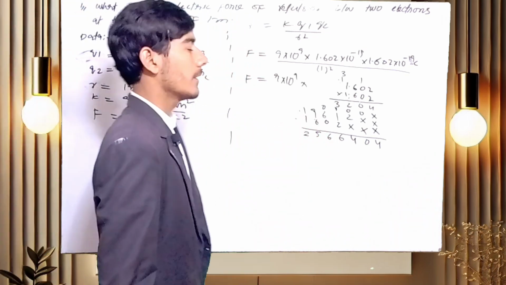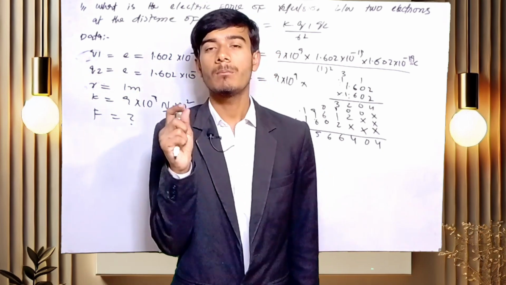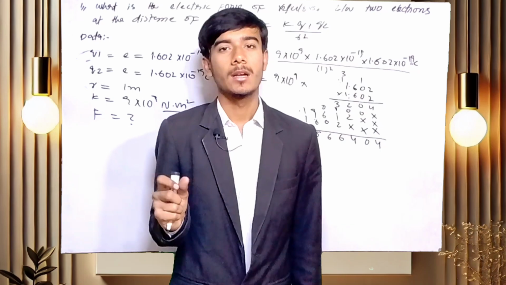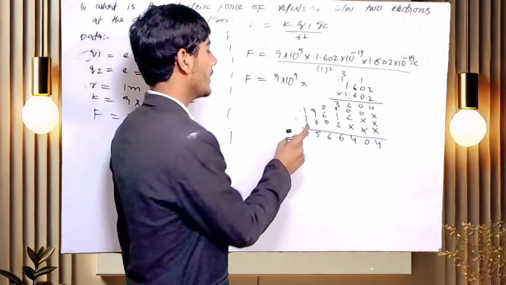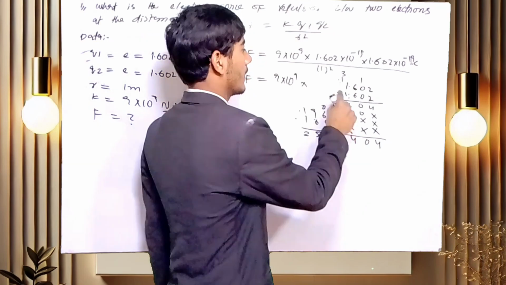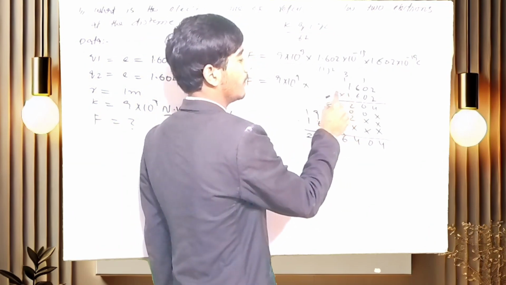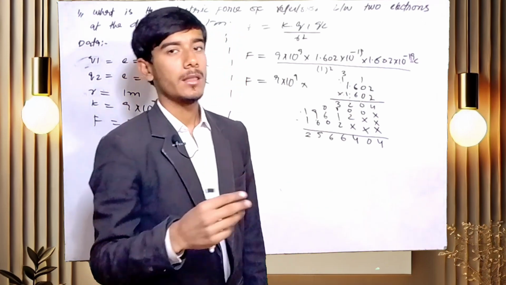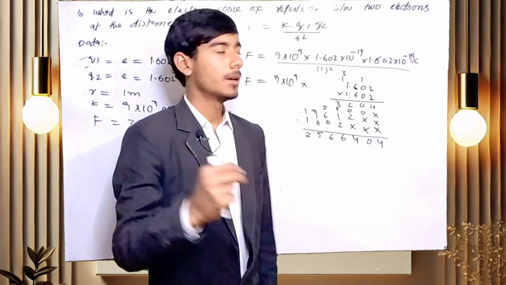Now we have to put the decimal point. Where should the decimal point be put? The point will be placed according to the rule. The rule is, we will see where the point is available. The point is available after 3 digits on the upward side and after 3 digits on the lower side.